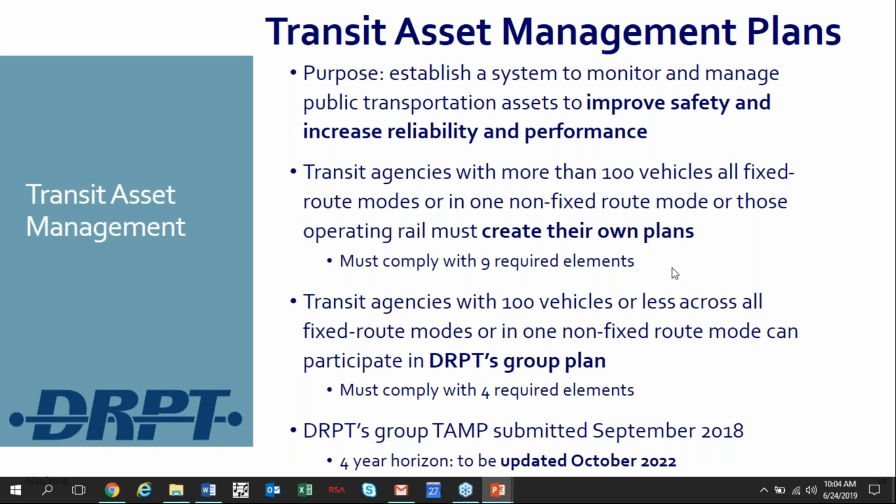These Tier 2 agencies only need to comply with basically 4 elements out of the 9 elements that FTA has put in the rule. So it's a bit smaller requirements for those agencies. And that includes an inventory of capital assets, condition assessment, a decision support tool, which will aid in making asset investment decisions, and an investment prioritization, which guides asset investment.